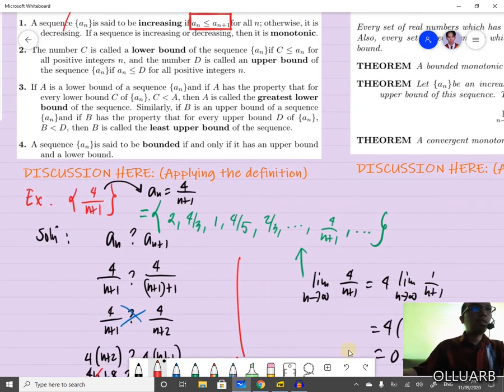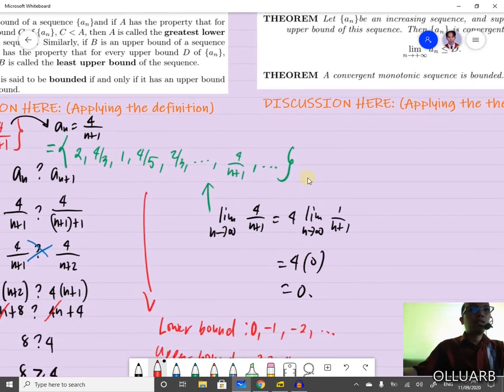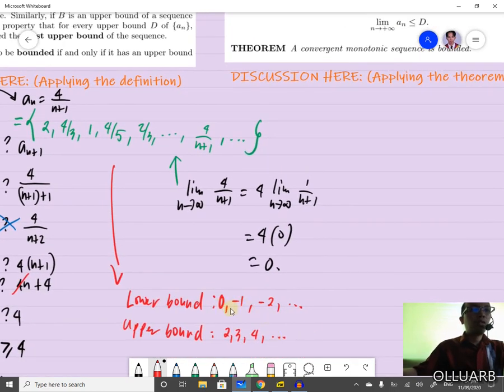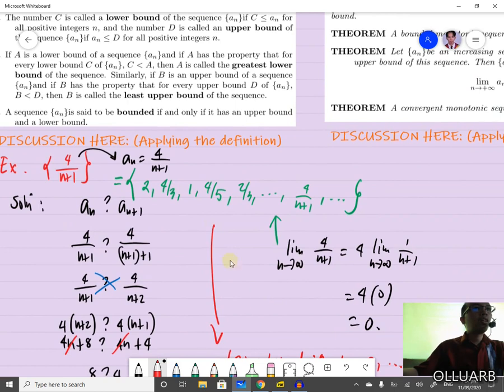It says here that every lower bound C is less than or equal to A. So when you say there are many lower bounds, but the greatest of all those lower bounds is what we call the greatest lower bound, then that A will be our greatest lower bound.